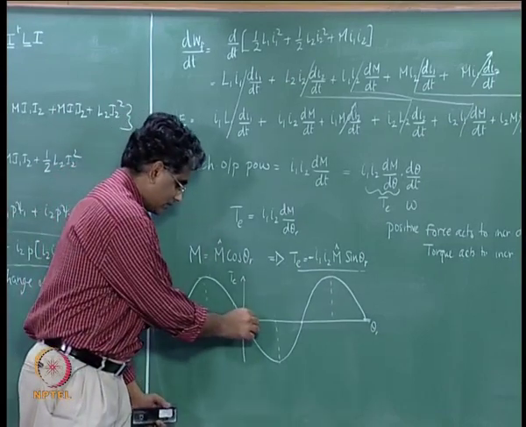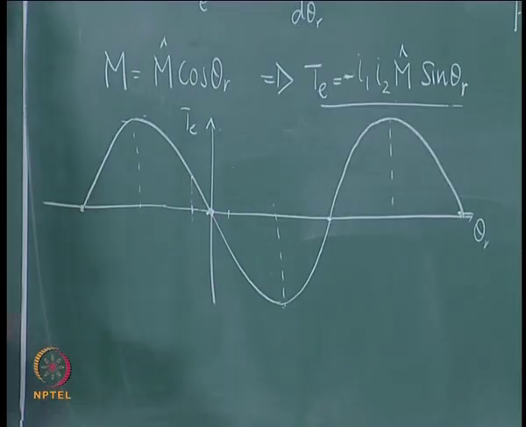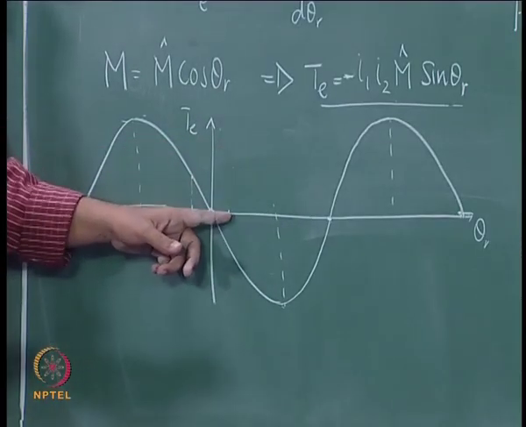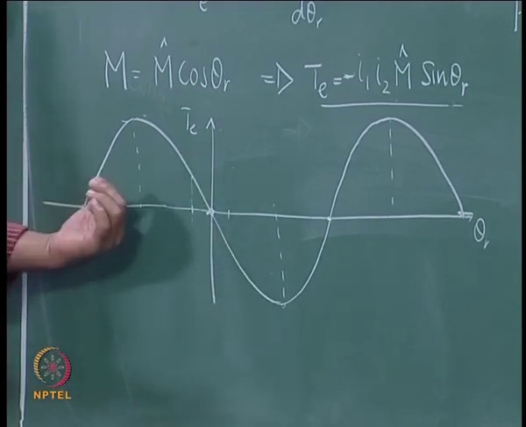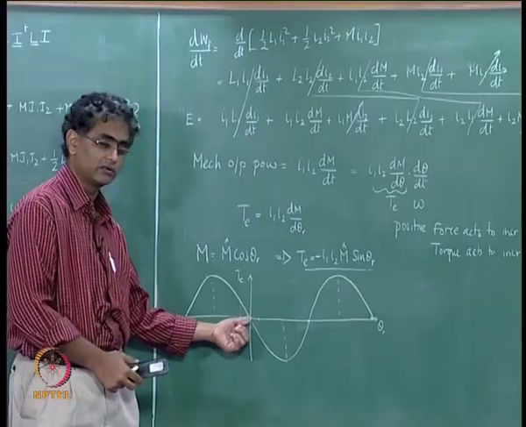Whereas due to some disturbance, if it happens to be displaced on the other side, then the torque generated is negative, and therefore it will try to bring the rotor back in decreasing angle, so it will come back here.